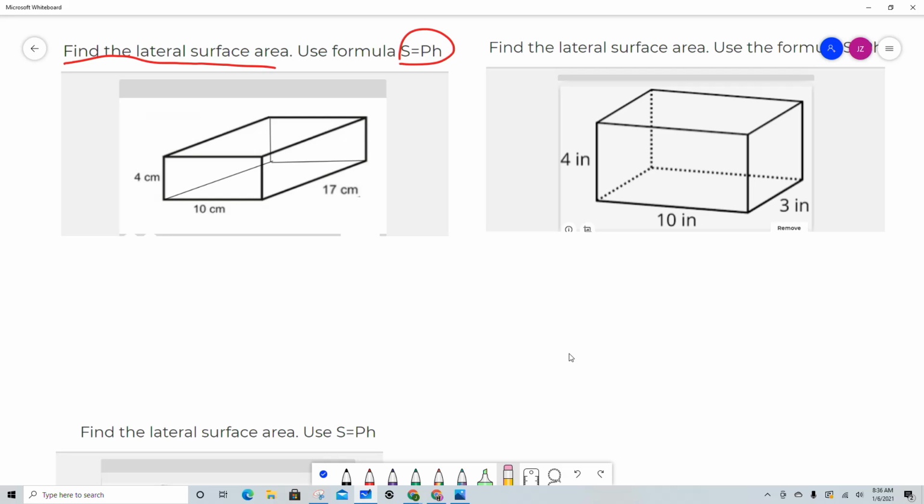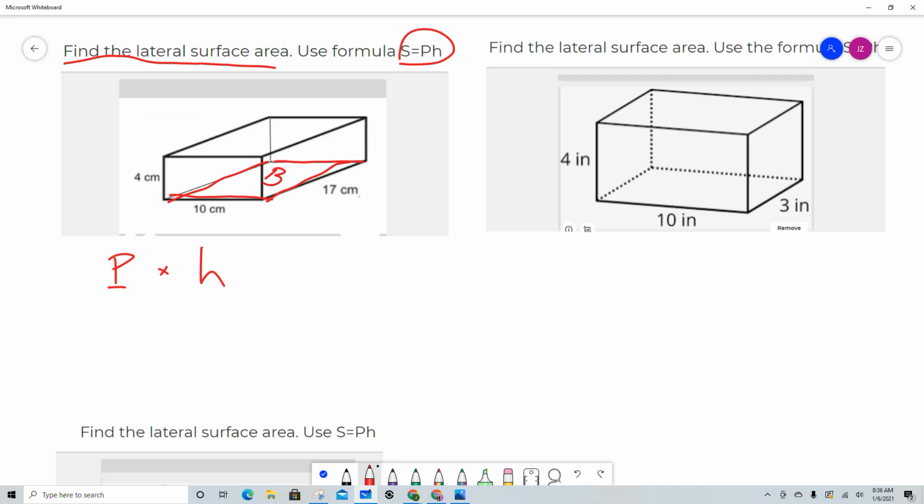Now, the formula is capital P times the height. Capital P, the reason it's a capital letter is because you need to find the perimeter of your base. So first, we're going to identify that this right here is one of the bases. I'm going to put a capital B for base.